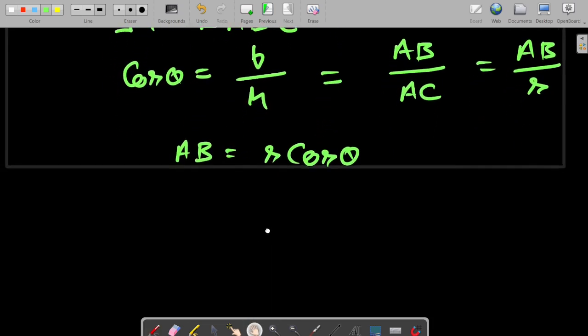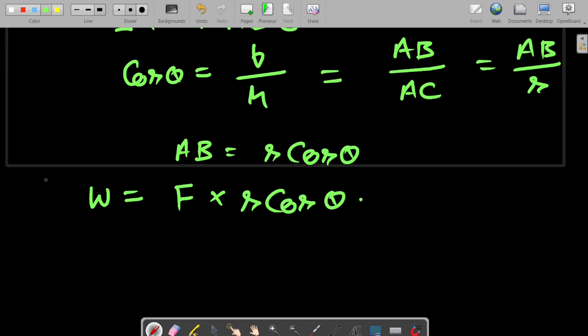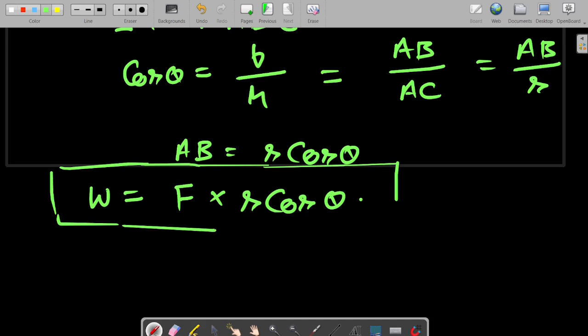So here the expression of work will become F into component of displacement, that is, F is force into s cos theta. So this is the expression of work by taking the component of displacement in the direction of force.